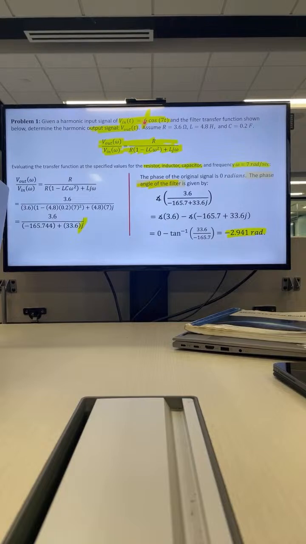It's in radians, so no harm in that. Tan inverse of 33.6 divided by negative 0.7.